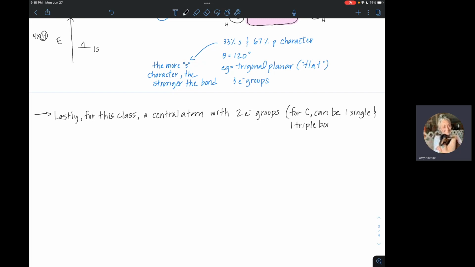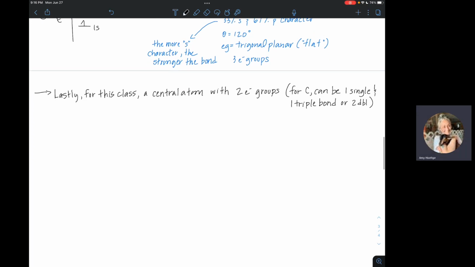Remember, carbon only has 4 valence electrons. So in organic chemistry, it's nice. We look at carbon and it forms 4 covalent bonds, right? You can have a single and a triple, or 2 double bonds, for carbon with its 4 valence electrons. In that situation, you have 2 electron groups and they're all involved in bonding.